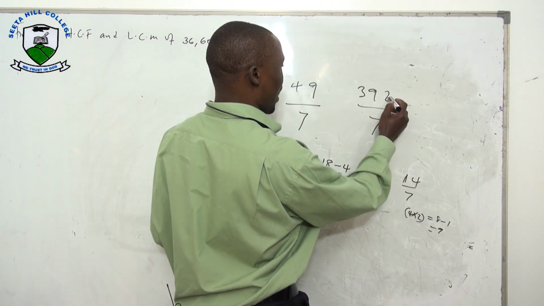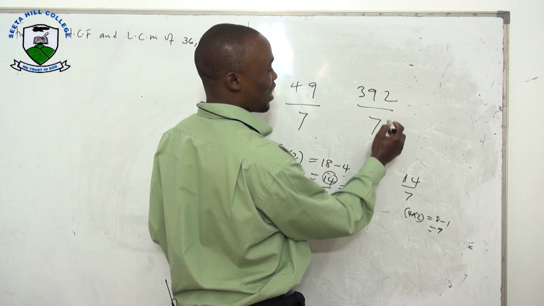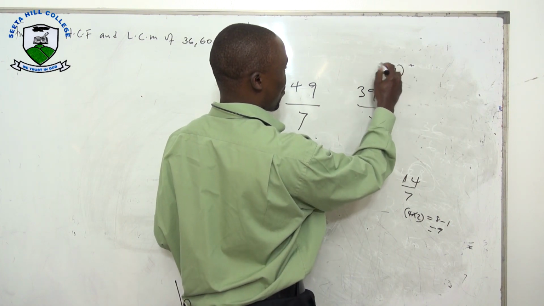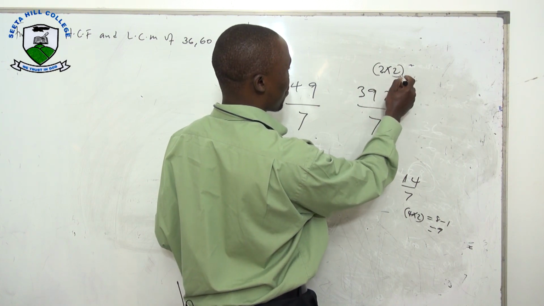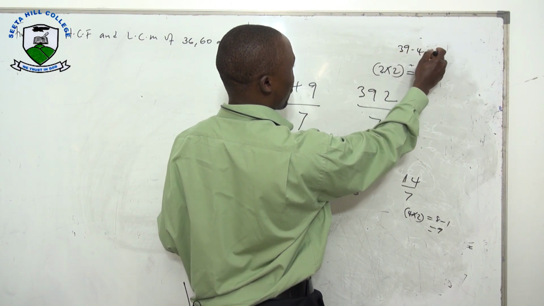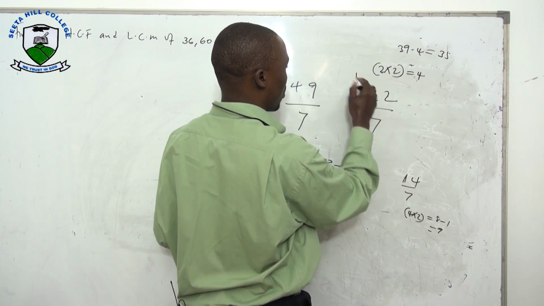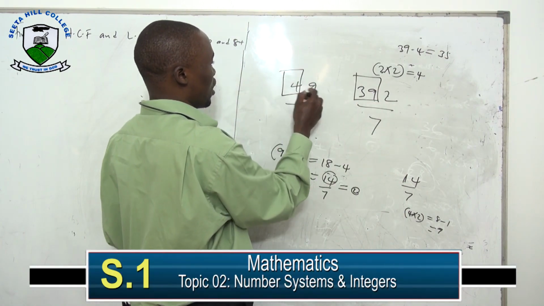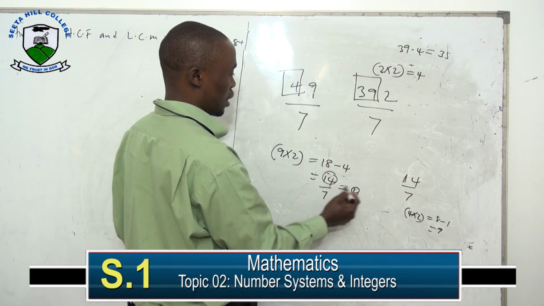Look here, I think you'll discover what I'm doing. 2 times 2? 4. 39 minus 4, 35. I multiply the last digit, then subtract from the remaining numbers.